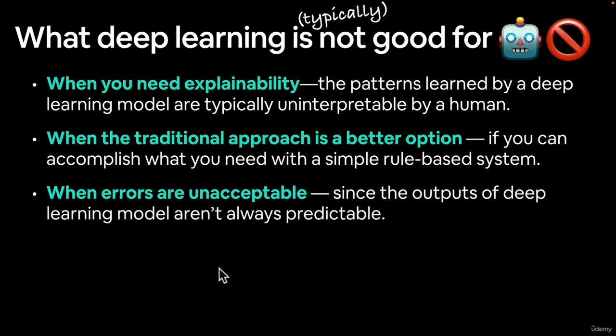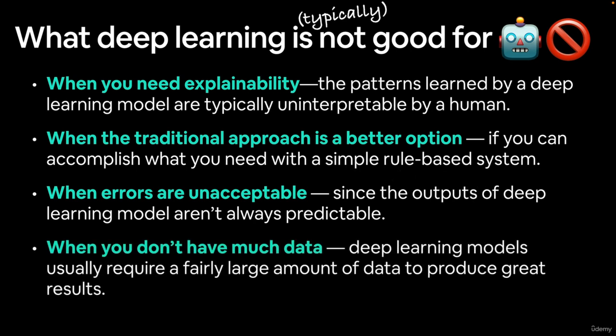Since the outputs of a deep learning model aren't always predictable, we'll see that deep learning models are probabilistic. That means when they predict something, they're making a probabilistic bet on it. Whereas in a rule-based system, you kind of know what the outputs are going to be every single time. So if you can't have errors based on probabilistic predictions, then you probably shouldn't use deep learning and you'd like to go back to a simple rule-based system.